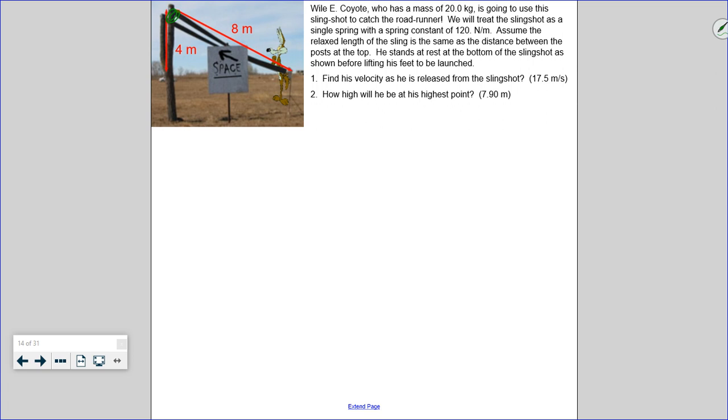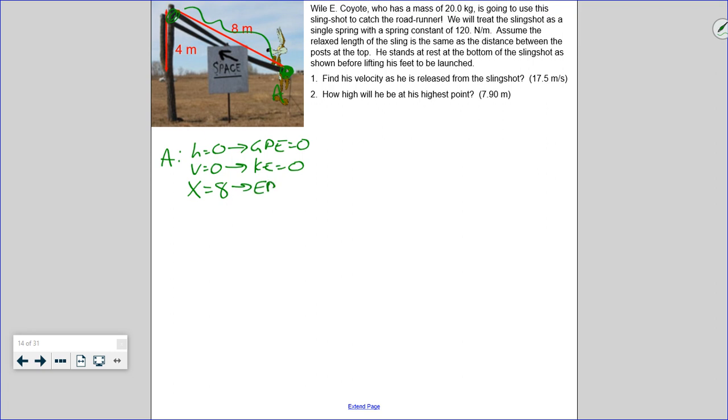So the idea is we're going to call this right here point A. At point A, let's call that a height of 0, so his GPE is going to be 0. He's clearly not moving there, so his velocity is 0, which means his kinetic energy is 0. So the only type of energy he's got there is elastic potential energy. Based on the drawing, it looks like the spring, the rubber band, is stretched 8 meters.